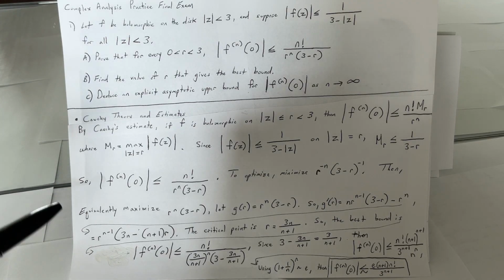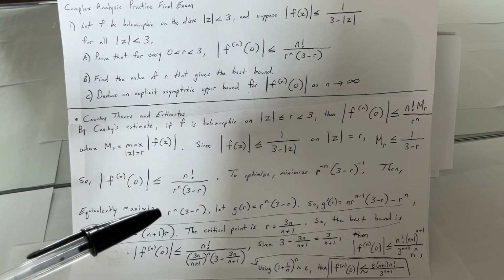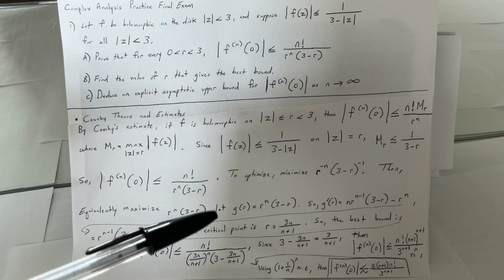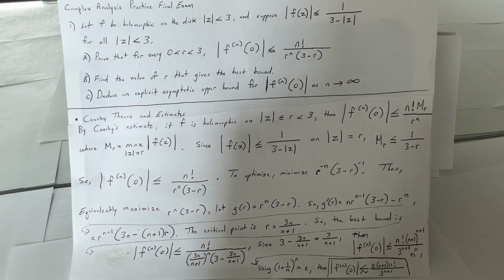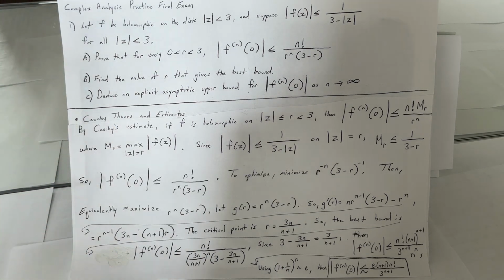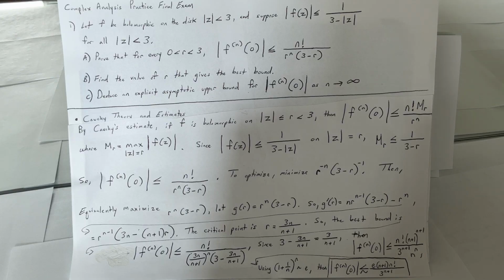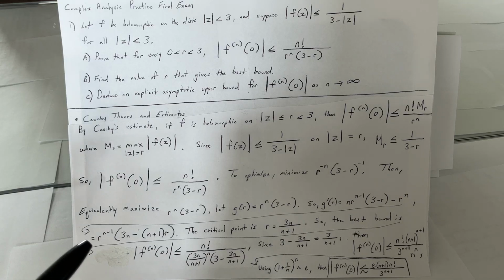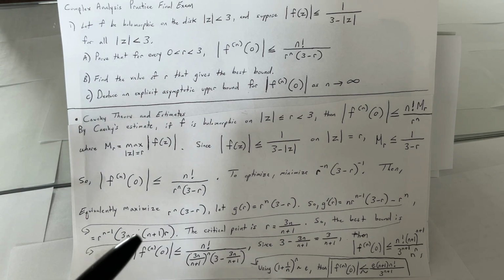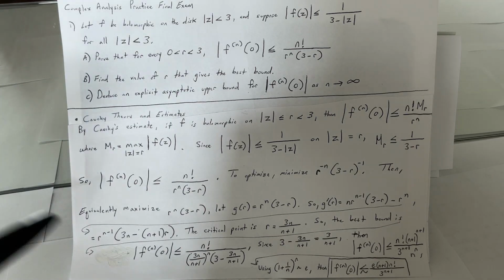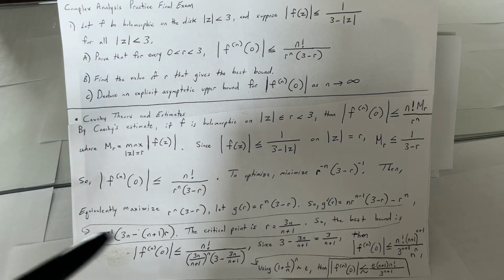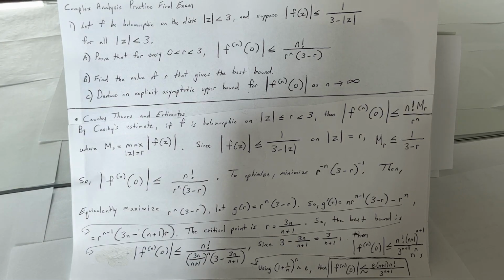Equivalently, we're going to maximize r to the n times 3 minus r. We let g of r equal r to the n times 3 minus r. So g prime of r equals n r to the n minus 1 times 3 minus r minus r to the n, which equals r to the n minus 1 times the quantity 3n minus (n plus 1) times r. So our critical point is r equals 3n over n plus 1.